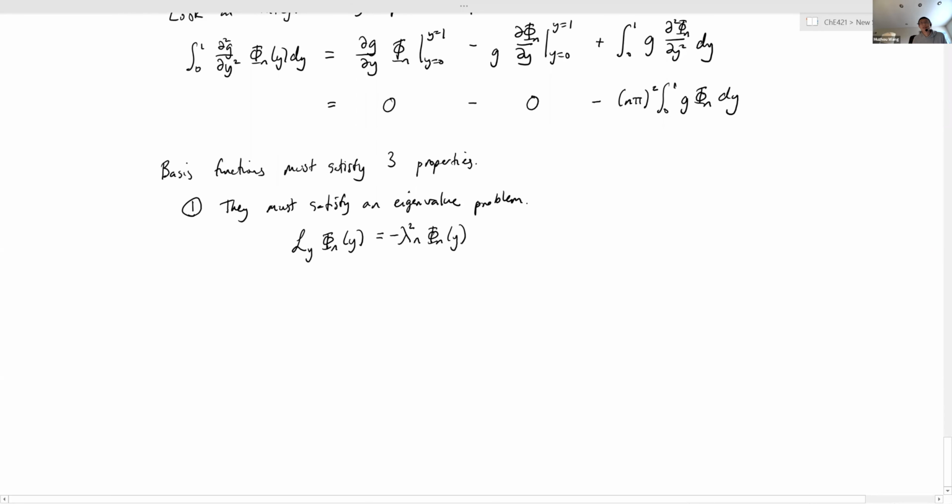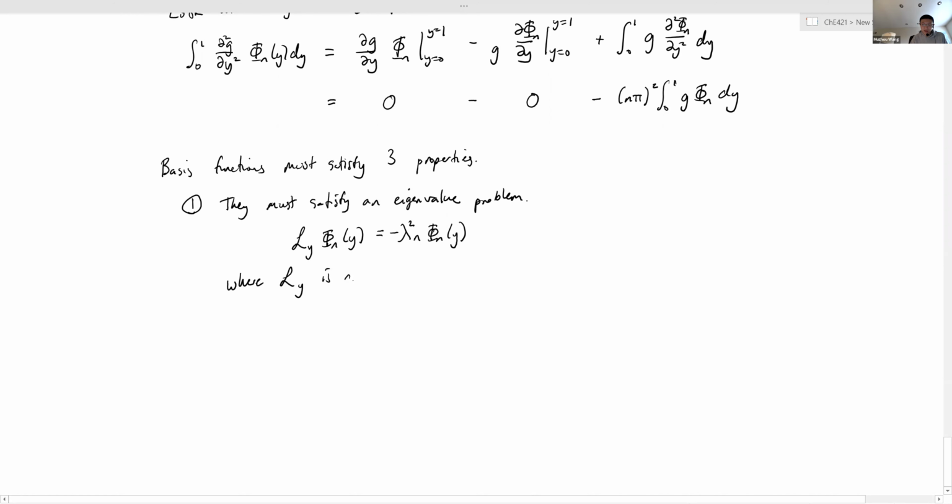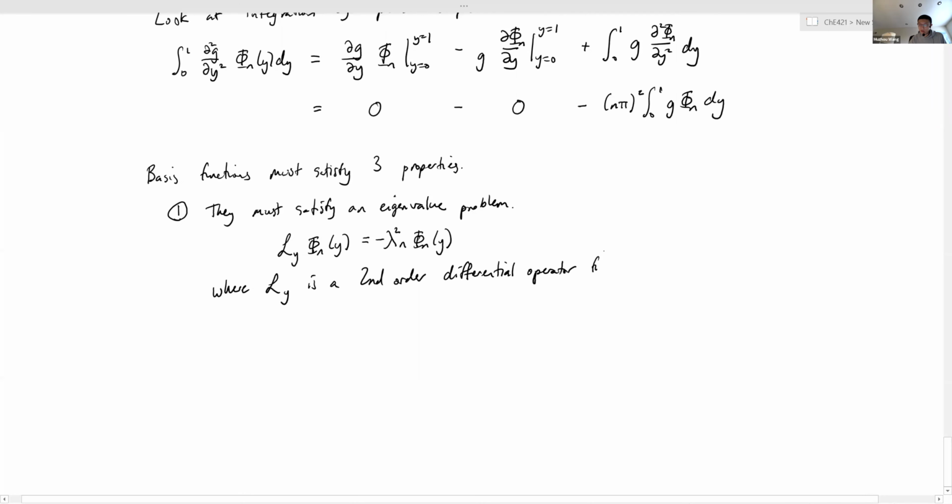Okay. This is not a differential equation that you guys recognize because it's actually just a very general form of differential equation. I'll say where L of y is a second order differential operator for the FFT variable in the PDE.